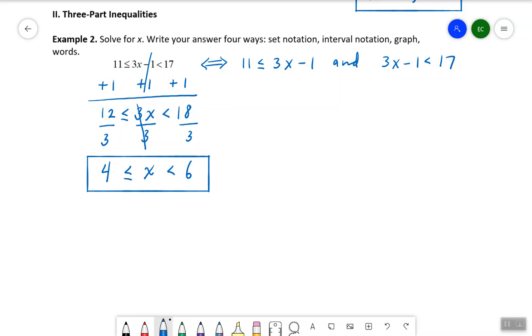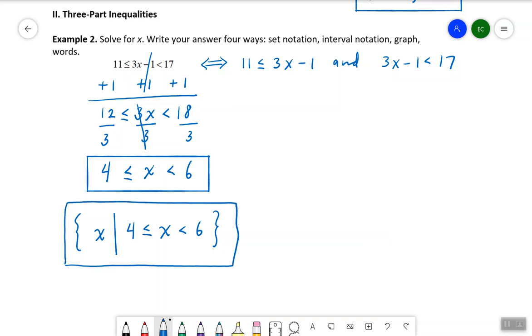And so we could write that in set notation, very similar to the previous example. We define our variable, we give the vertical line, and then we just rewrite that 3-part inequality. Maybe we'll save the words for just a minute.